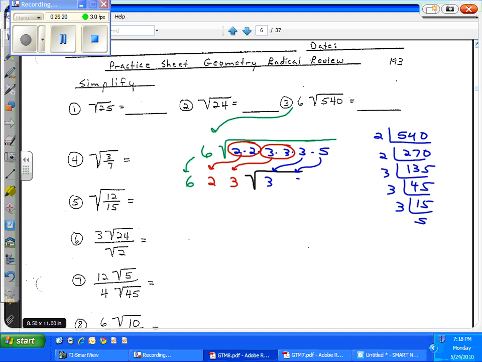What did not get circled in a set goes back in. We multiply those things that ended up outside together. We multiply those things that ended up inside together. And so we've simplified that into 36 square root 15. Any questions on number 3?